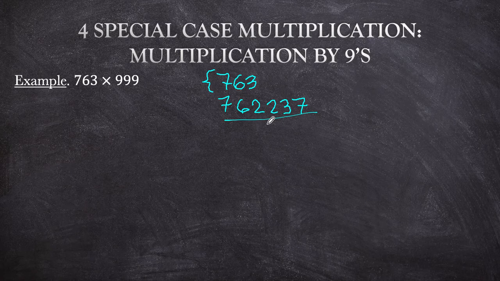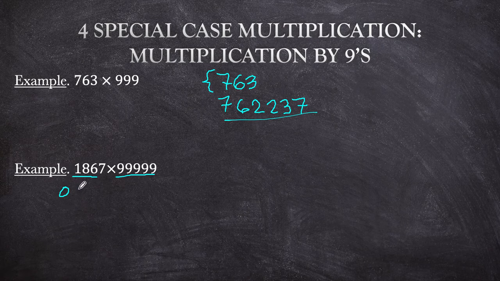I'll explain why this works in a while. Another example. We have 1,867 times five 9's. Since there are five 9's, we're going to imagine that we have 0, 1, 8, 6, 7, and multiply that by 99999.